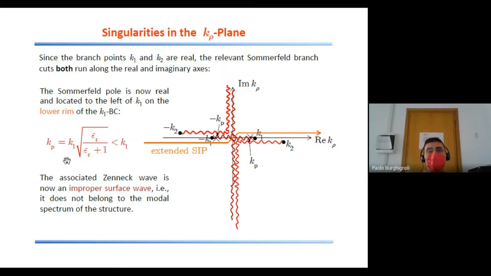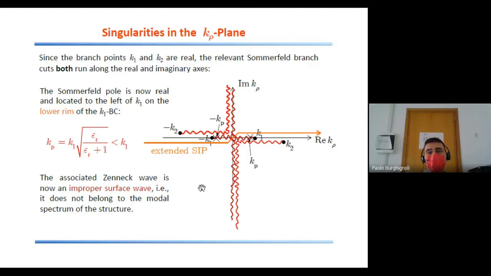It is repeated here. And since we are dealing with lossless media, now this pole will become a real pole. So we have a real wave number. And that pole will lie exactly on the branch cut associated with the wave number K1, relevant to free space. However, it will lie on the lower rim of that branch cut.